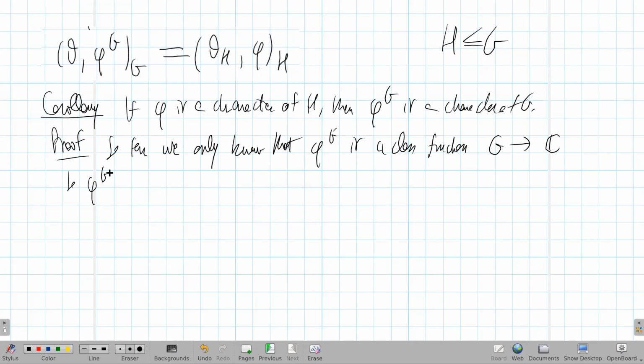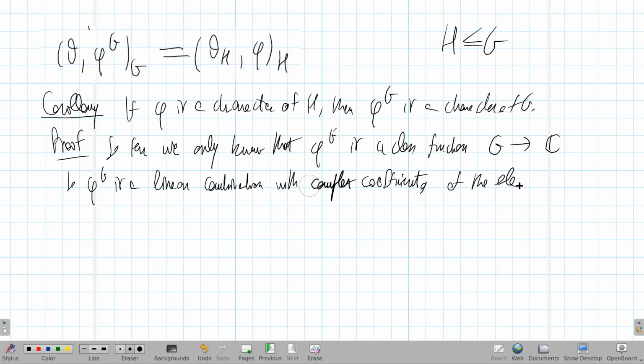So phi G is a linear combination, with possibly complex coefficients, of the irreducible characters of G. Recall why: the class functions are a vector space over C, and their dimension is the number of conjugacy classes, because a class function takes one value for each conjugacy class.